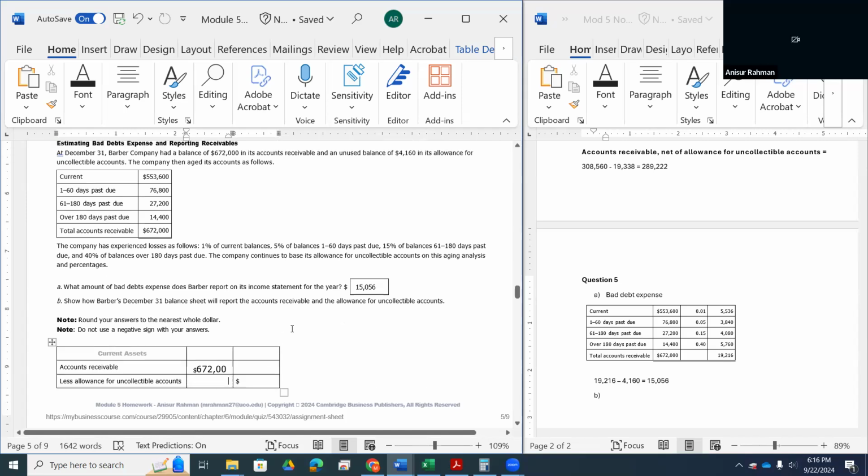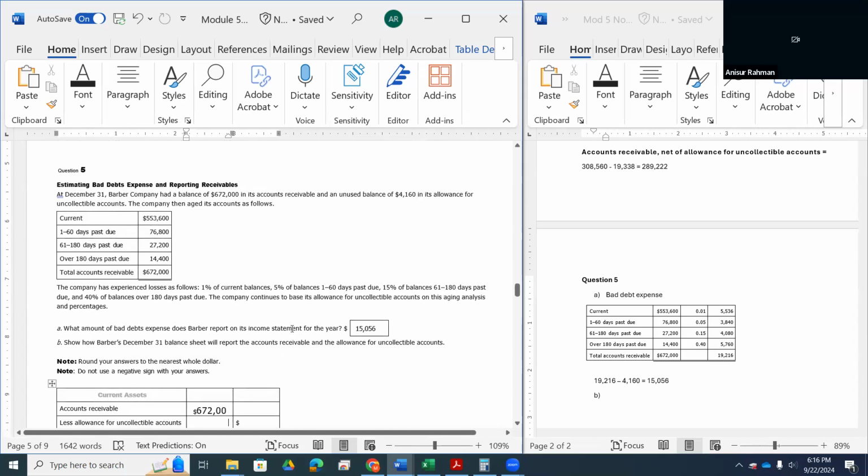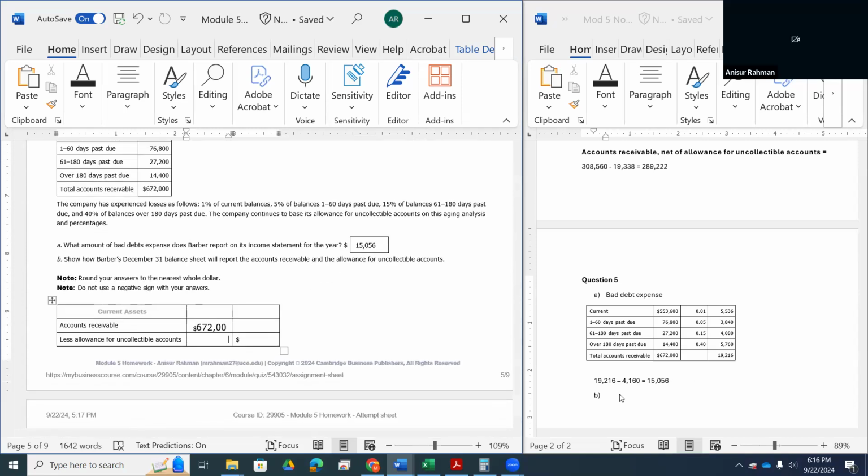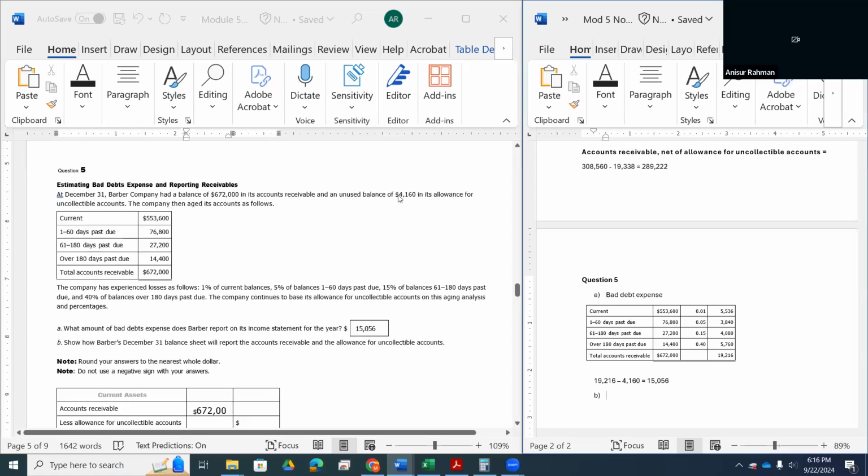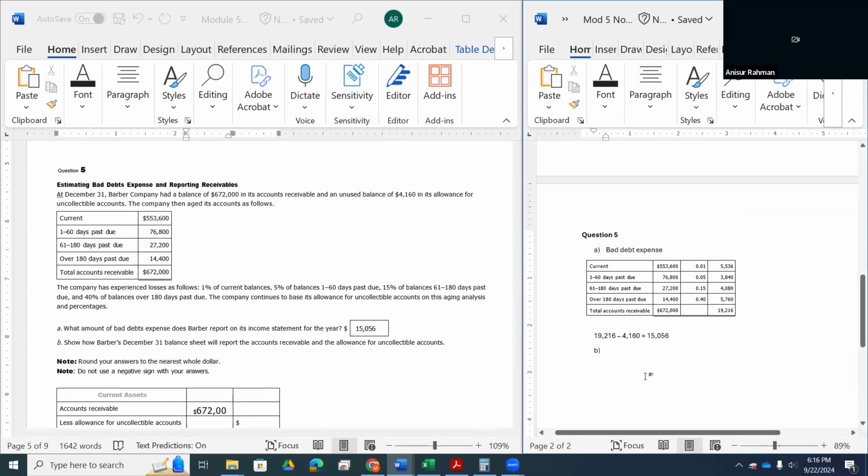So our allowance for uncollectible accounts is our previous balance was 4,160. So 4,160 add our new from the aging analysis, 15,056.